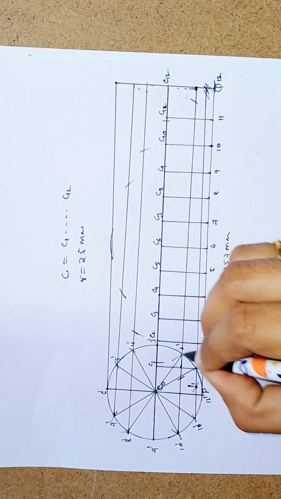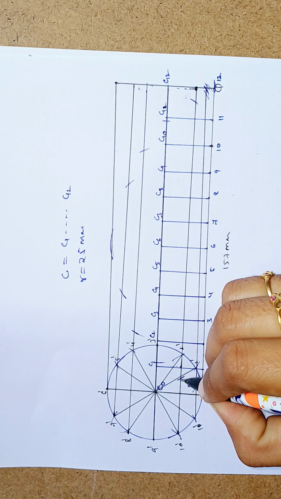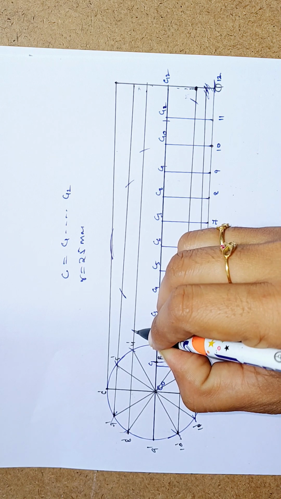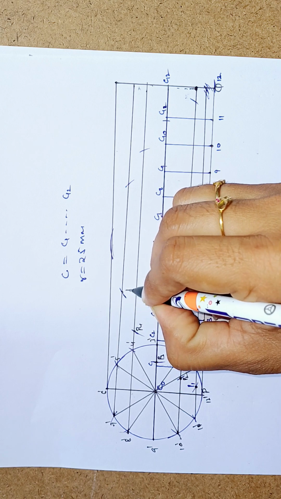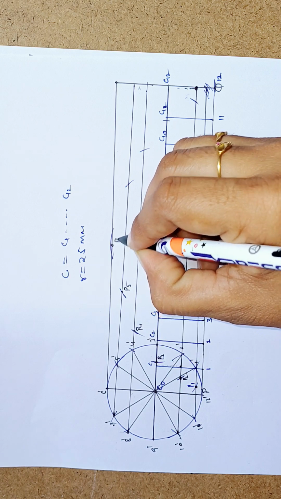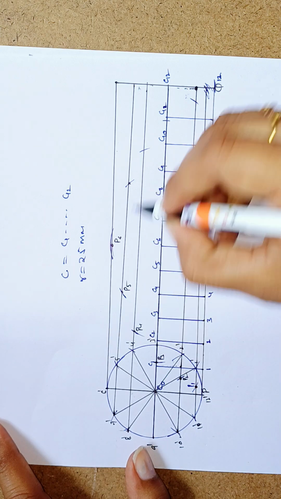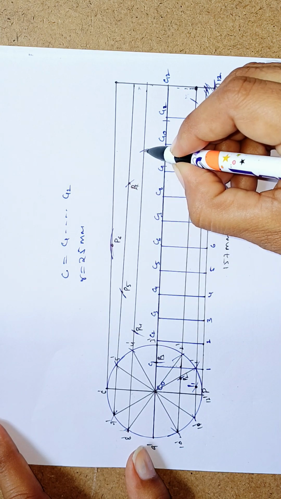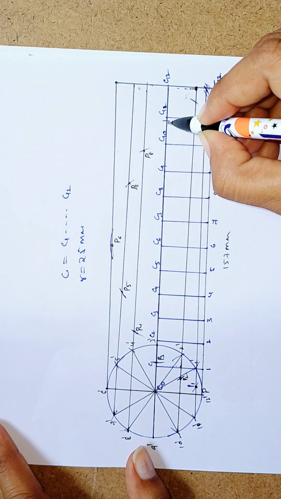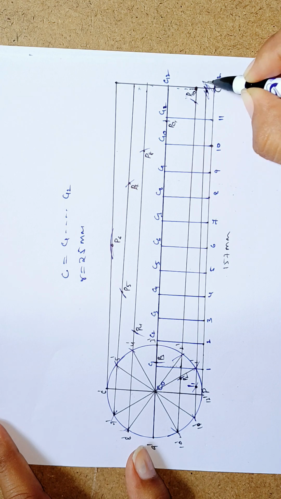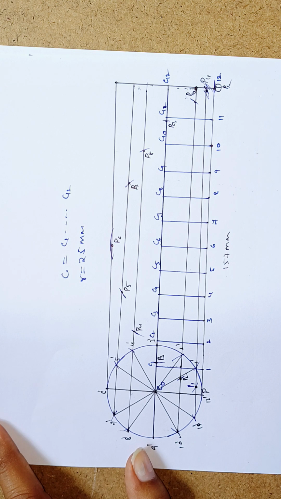This is the P1 point, and next this is the P2 point, and this is the P3 point, P4, P5, P6, like that, umbrella type. P7, P8, P9, P10, P11 and P12. Those are the arcs.